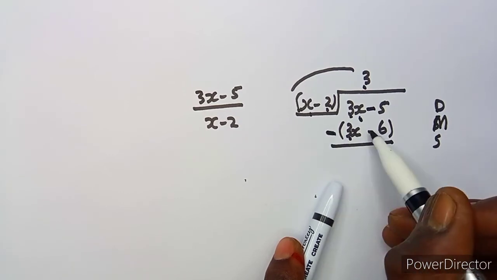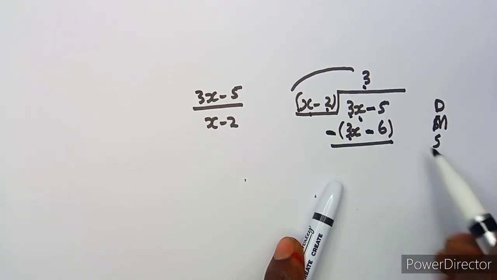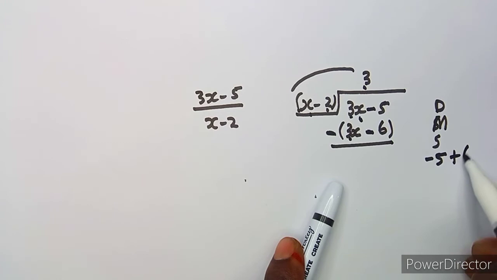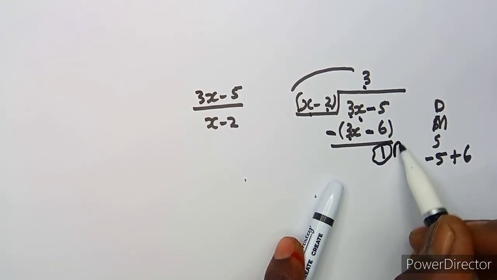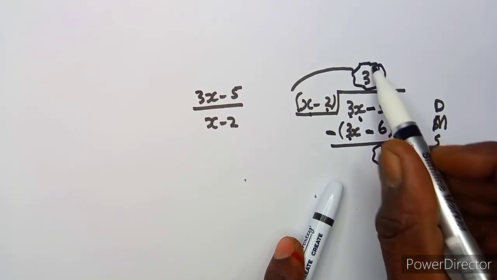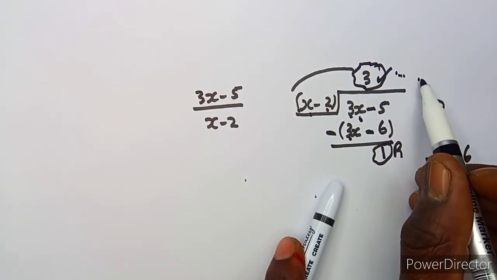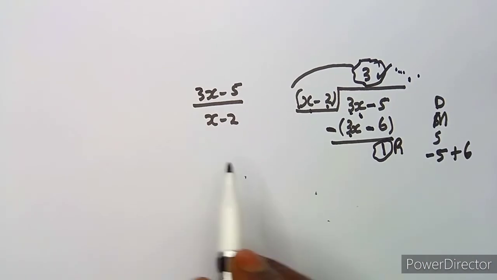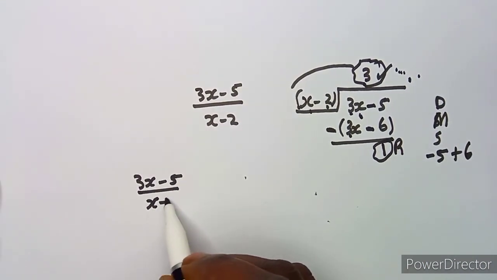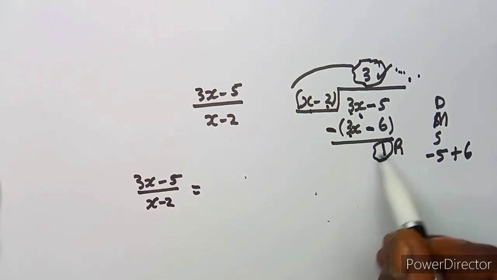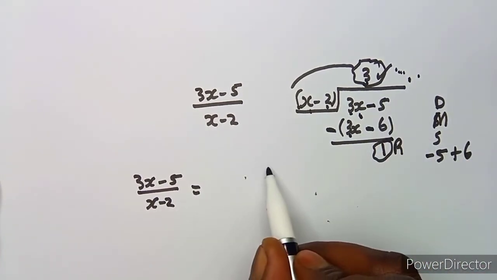Minus 5 minus minus 6. So take note, it's minus a minus, which is a plus, like this. Minus minus 6, like that. So which is going to give us a 1. So this is your remainder, and this is the exact value which was being divided into. So it means this, my 3x minus 5 over x minus 2, can be written like, here I've got 3.